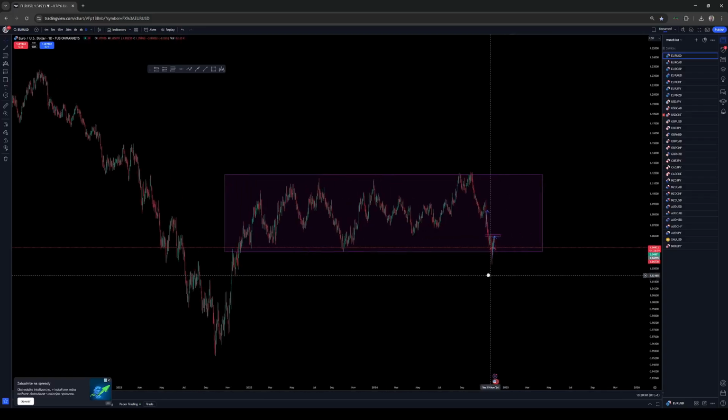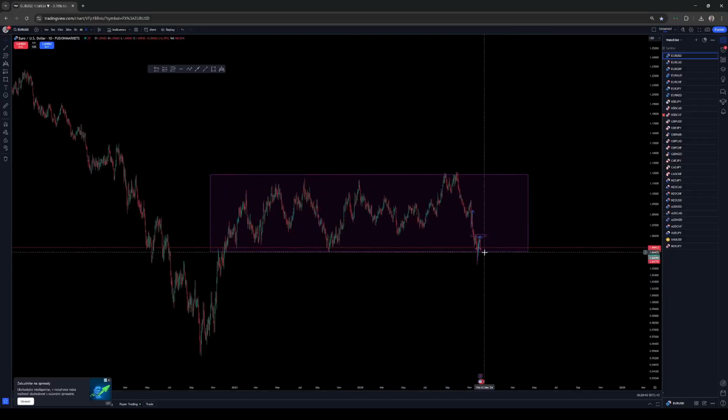Currently, we're on the bottom of this range, and of course, there might be only two outcomes. Either the price will now break through this level of range and continue down to probably the lows here, or we can use it as a support and it starts to rise back to the upside.